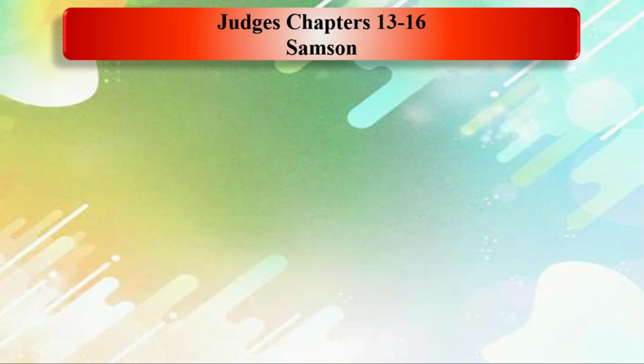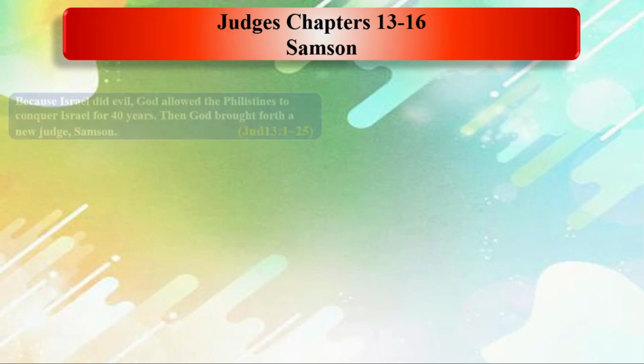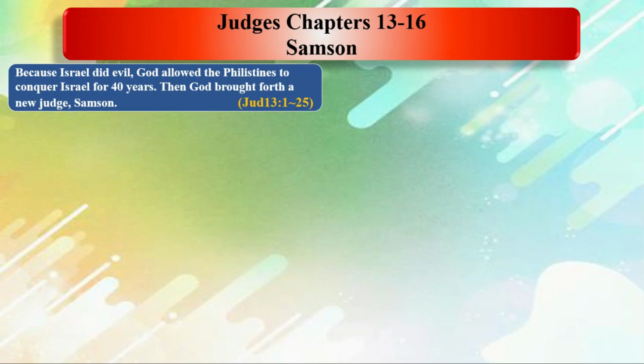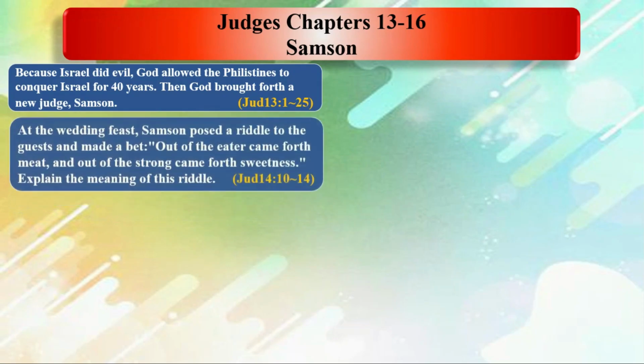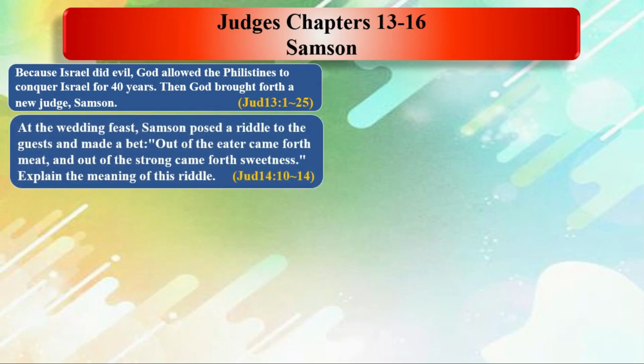Judges. Chapters 13 to 16. Samson. Because Israel did evil, God allowed the Philistines to conquer Israel for 40 years. Then God brought forth a new judge, Samson. At the wedding feast, Samson posed a riddle to the guests and made a bet.